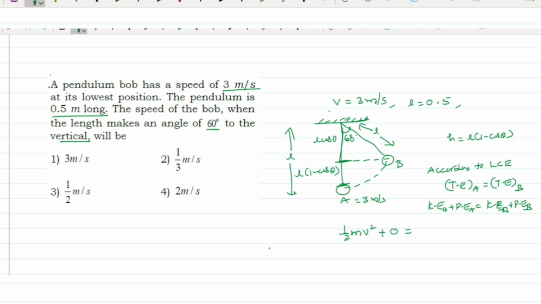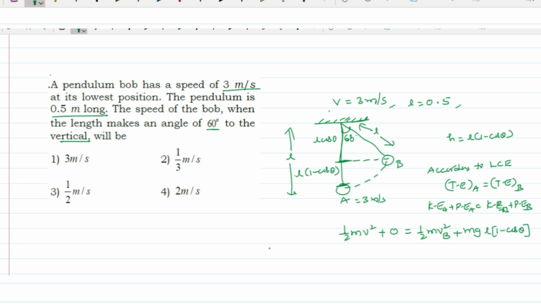Kinetic energy at the point B will be half m v square, where v is the velocity at the point B, plus potential energy at the point B, in the sense mgh. H is nothing but L into 1 minus cos theta.